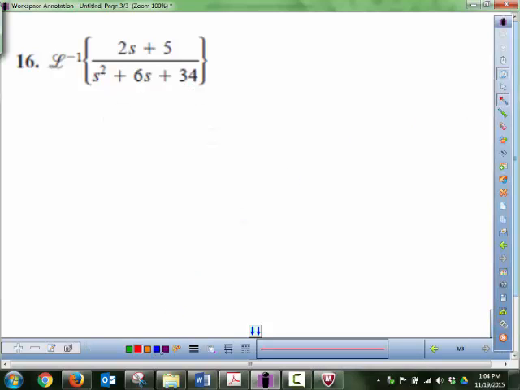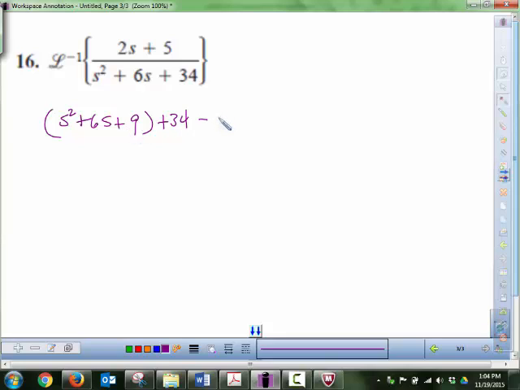All right, a quick lesson of completing the square. We have s squared plus 6s, I'll leave some space here, plus 34. And then I want to add something and subtract the same value, so essentially I'm adding 1. So if you remember, you take the b term, which is 6, you take half of that and square it. That would be 3, and then square it is 9. So I'm essentially adding a 9, which means I have to subtract a 9, minus 9, over here.